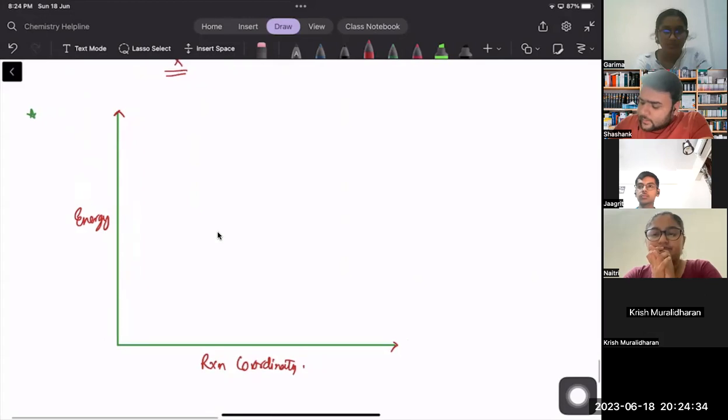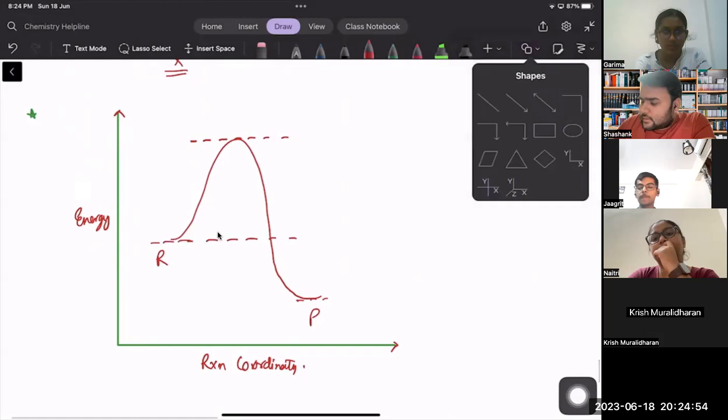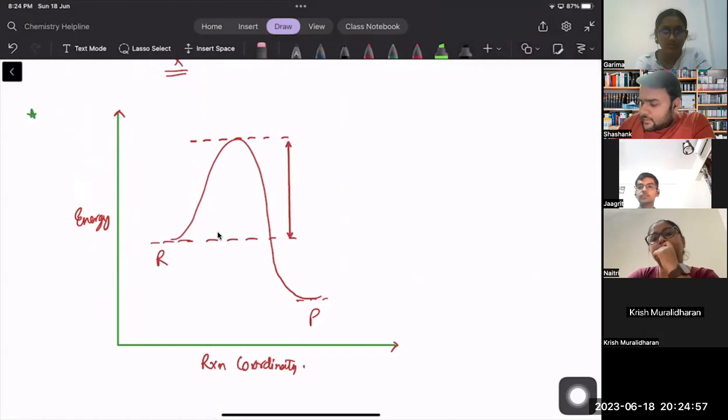And let's say a typical reaction goes something like this. Here we have reactants, here we have products. We can say this is an exothermic reaction because products have lesser energy. This energy difference is your EA, right? So we need to have this much minimum energy, then only the reaction will proceed. Otherwise, the reaction won't proceed.